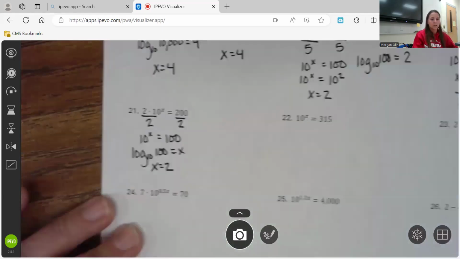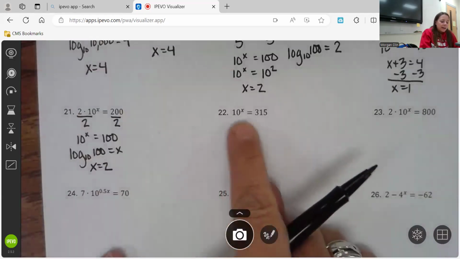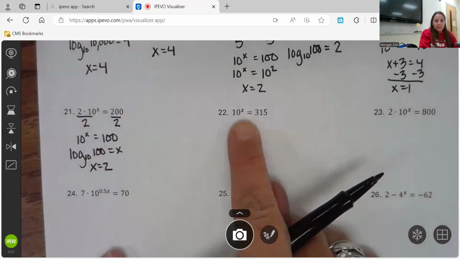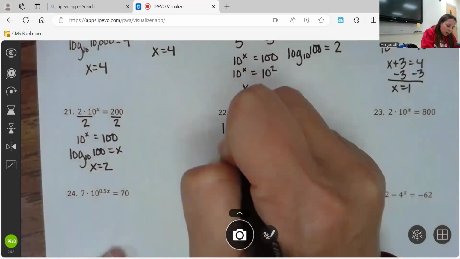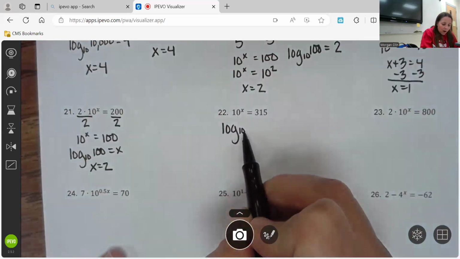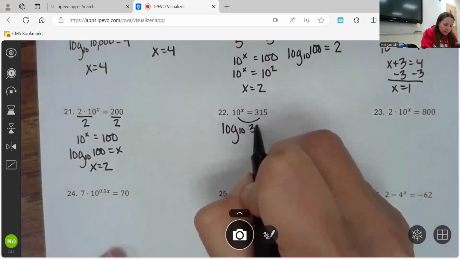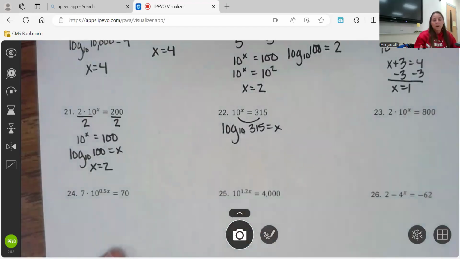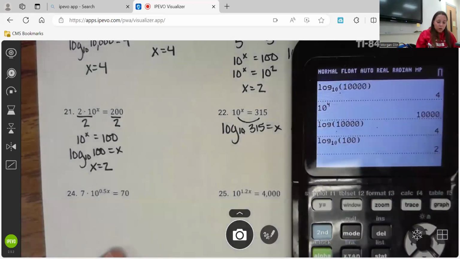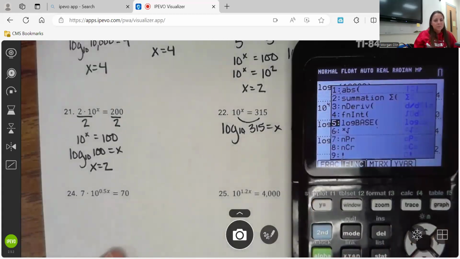Now here, in some cases, you can't get the same base. So you're going to have to use logs. Here, log base 10, because that base becomes the base of the log, of 315 equals x. This is where it becomes really important to know how to write log form. So here, we're going to say alpha y equals. I'll do some in Desmos in just a second.